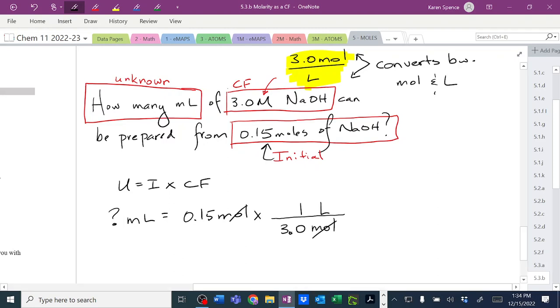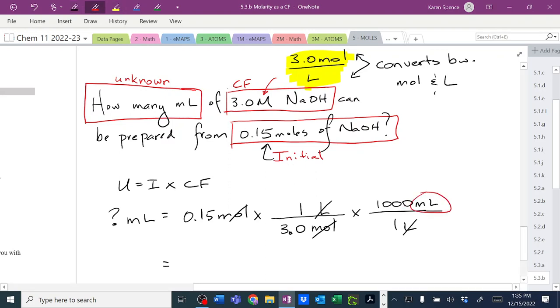In fact, you could write this as a conversion, or you could just find the answer in liters and then move your decimal. It's up to you what you prefer. I'm going to do a conversion here because why not? I know that there are 1,000 milliliters in 1 liter. And that leaves me with my only unit is the milliliter.